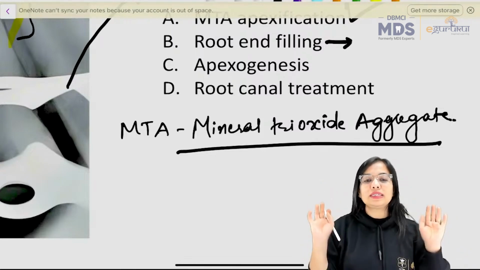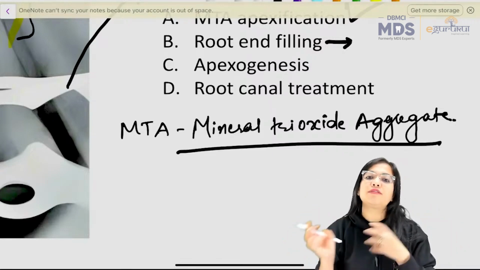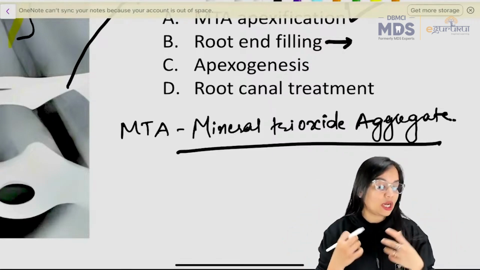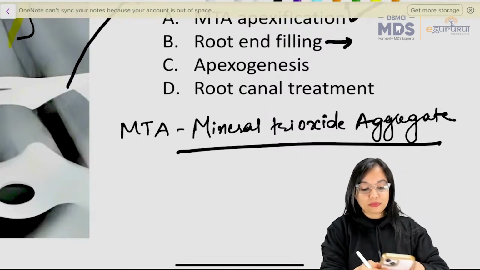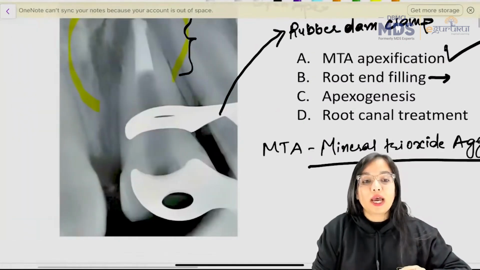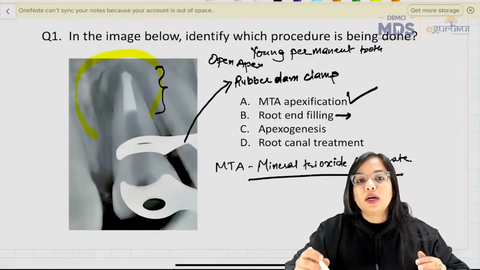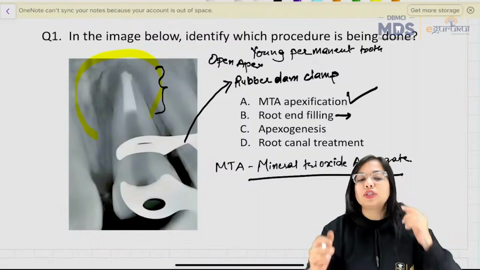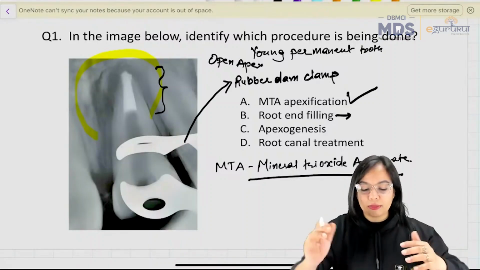It will just set like cement at the apical region, and immediately after that you can place gutta percha and do the obturation. So the answer here is MTA apexification. I hope it is clear to you all, the difference between MTA obturation and obturation using calcium hydroxide or materials made out of calcium hydroxide.